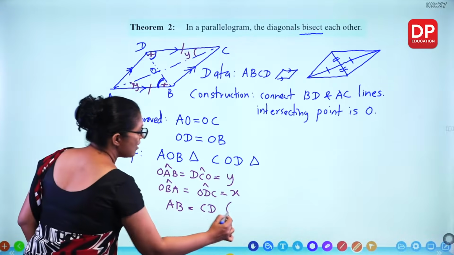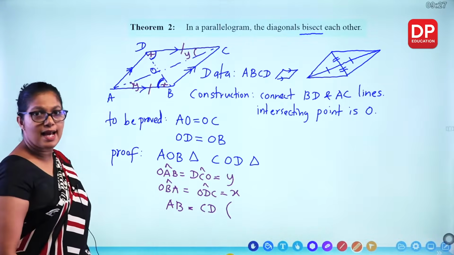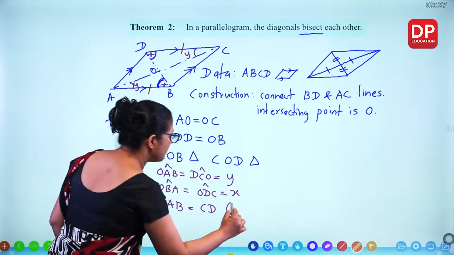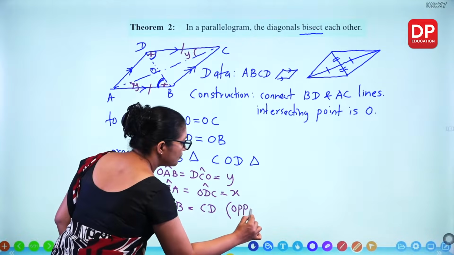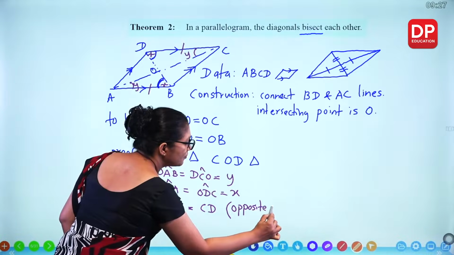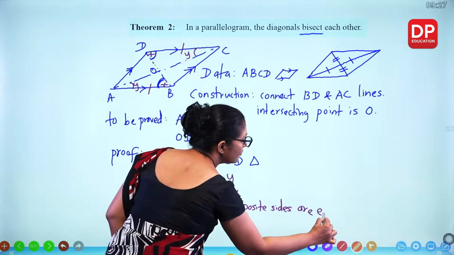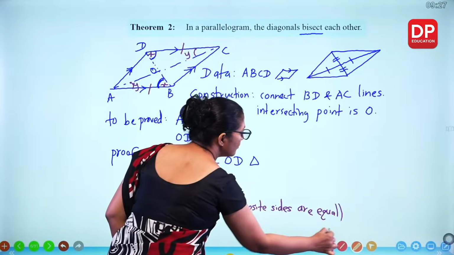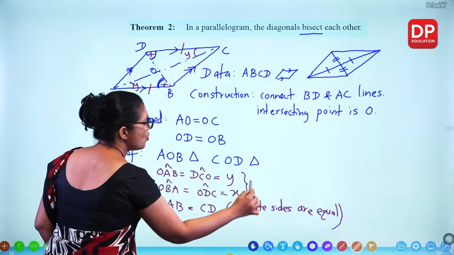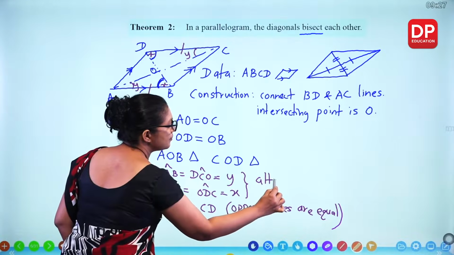Why? Opposite sides are equal in a parallelogram. These two alternate angles.